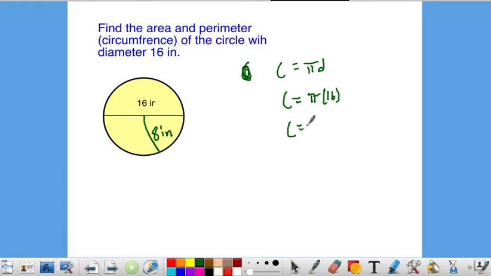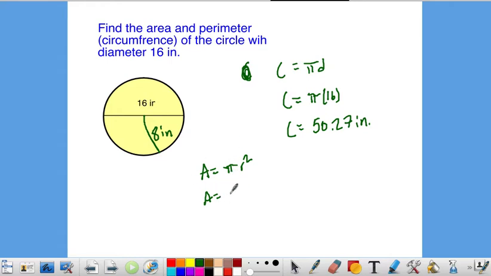And when we put that in our calculator, we get about 50.27 inches. Area is pi r squared. So we take pi times 8 times 8.